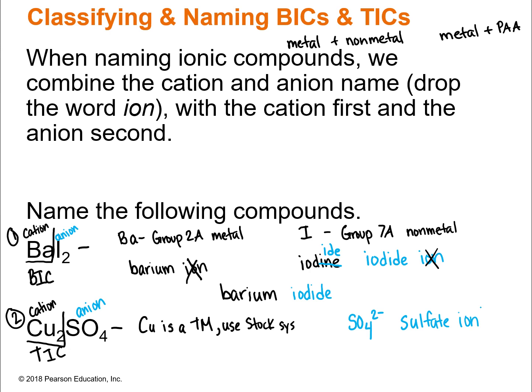Since our sulfate ion has a charge of 2 minus, that means that our cation has to have a total of 2 plus. So it's right next to, when you see the chemical formula for it, the superscript tells you the charge. It's in the chart.